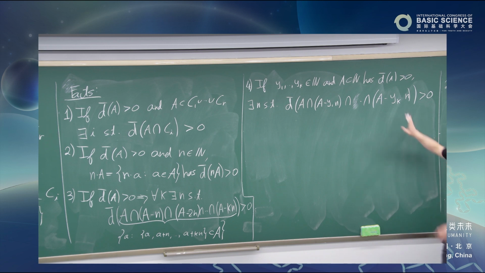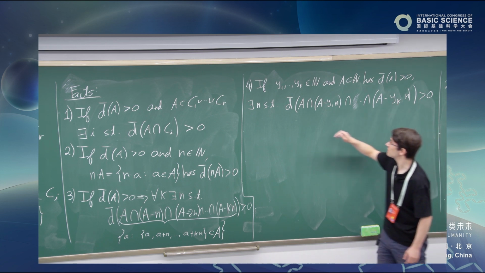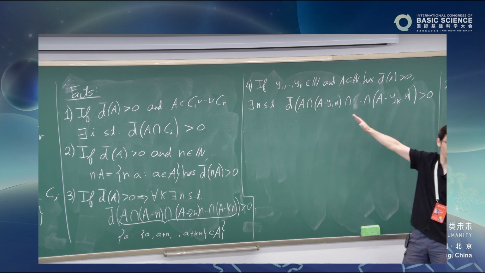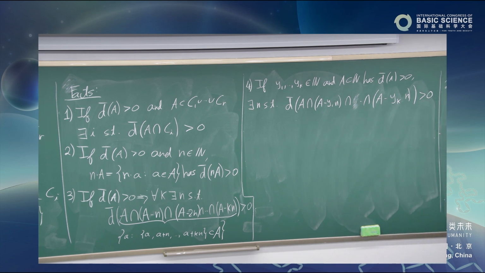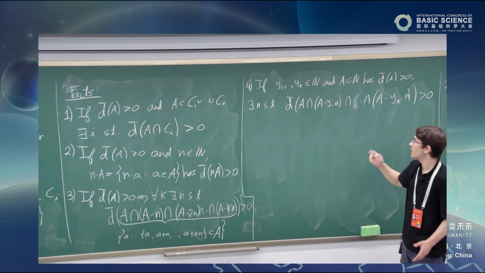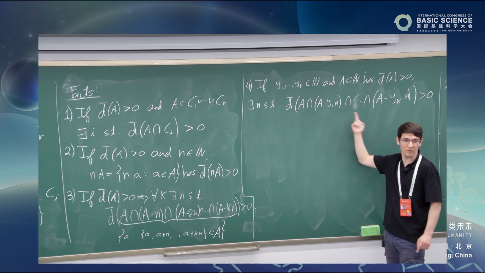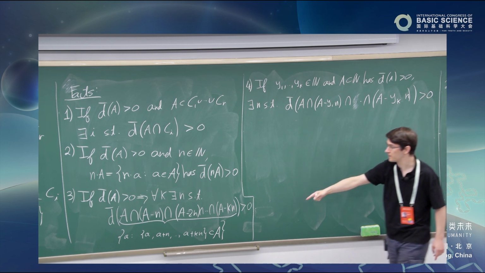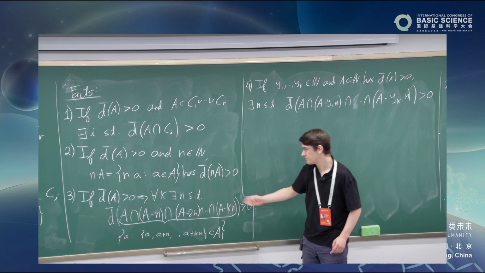Why is this true? Because I can take a very long progression, A minus n, 2n, 3n, 4n, all the way up to yk times n. And that entire intersection has positive density by Szemerédi's theorem. And then I'm just keeping some of those. So this set is larger than the one down there, for the larger k.